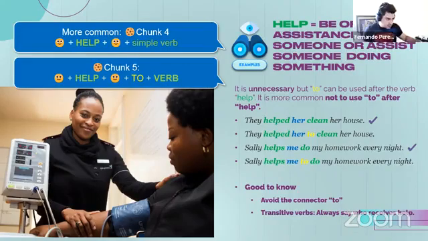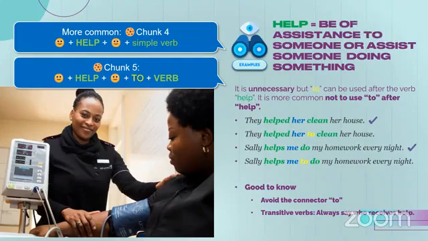So I can say: my English teacher is helping me understand expressing assistance in English. Exactly. Good. Helping me understand. That was a good example. He is helping me right now.